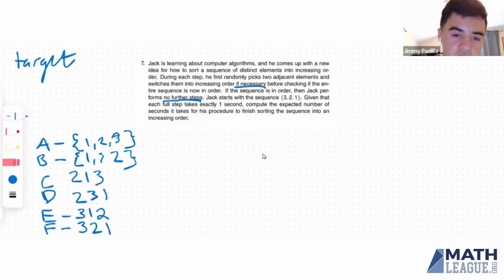Starting here, since A is already in sorted order, our algorithm wouldn't take a step, so the expected number of seconds is 0. Now we want to find E of F, so we should write an expression for that.